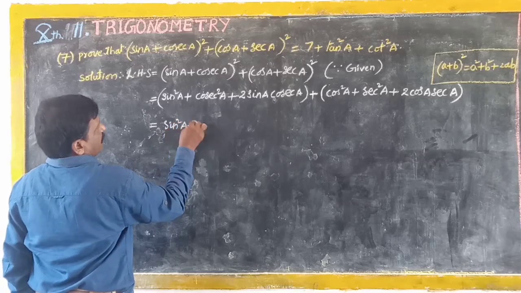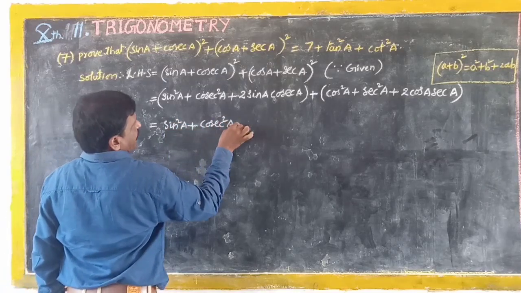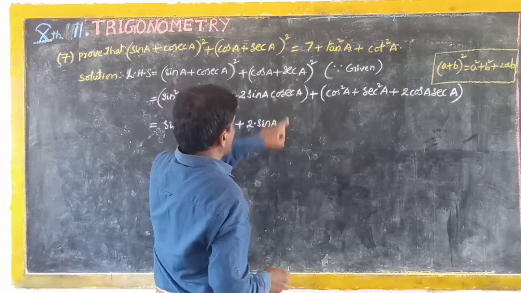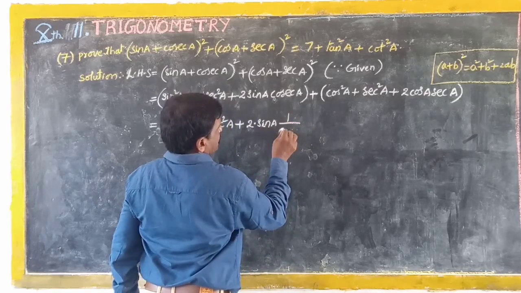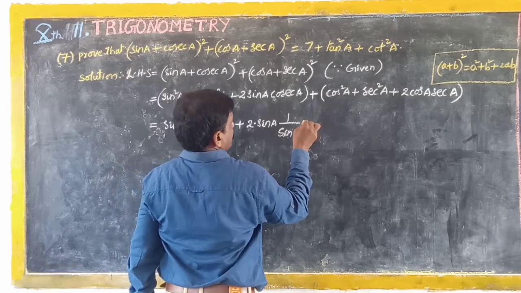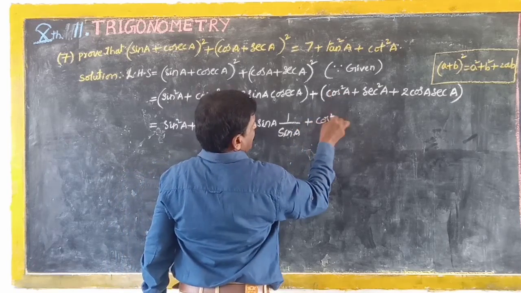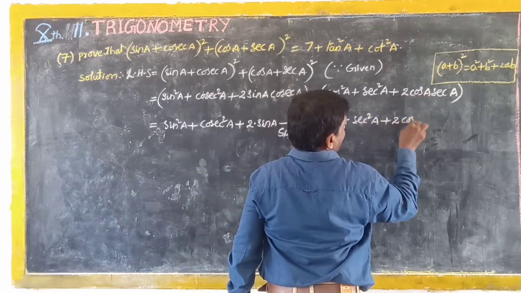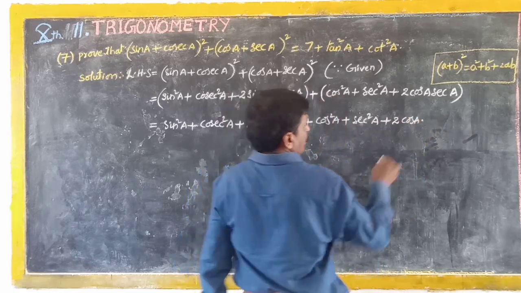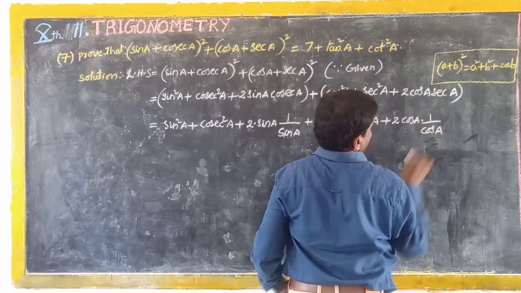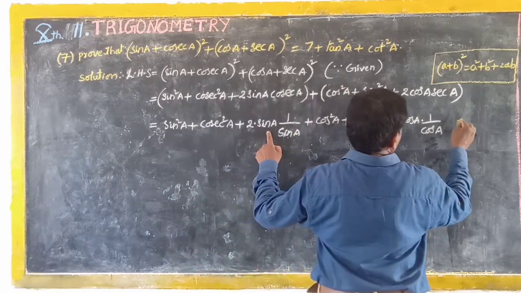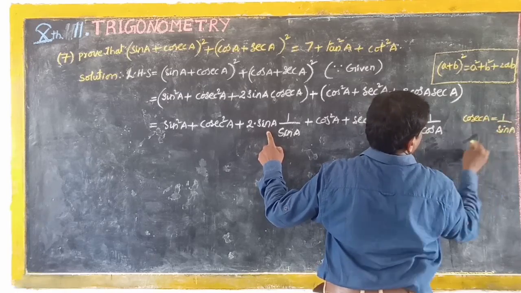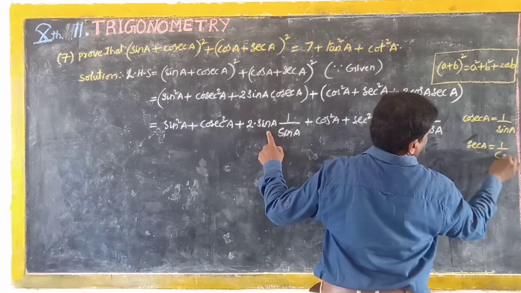Next: sin²a + cosec²a + 2 sin a cosec a + cos²a + sec²a + 2 cos a sec a. Cosecant a means 1 by sin a, and secant a means 1 by cos a.